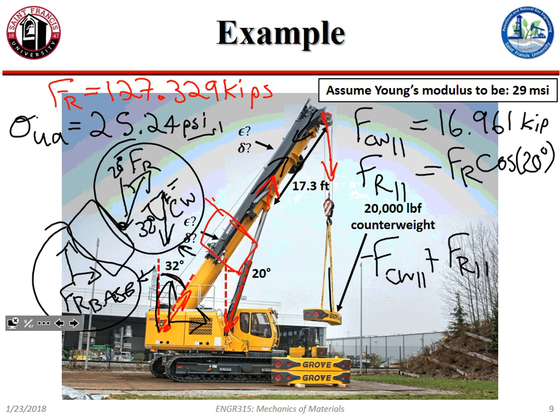So let's try to keep the same sign convention here. In this case, our compressive force is our counterweight, and our tensile force, the one that's pulling the arm apart, is the ram. So let's make that our sign convention, just to be consistent with before.